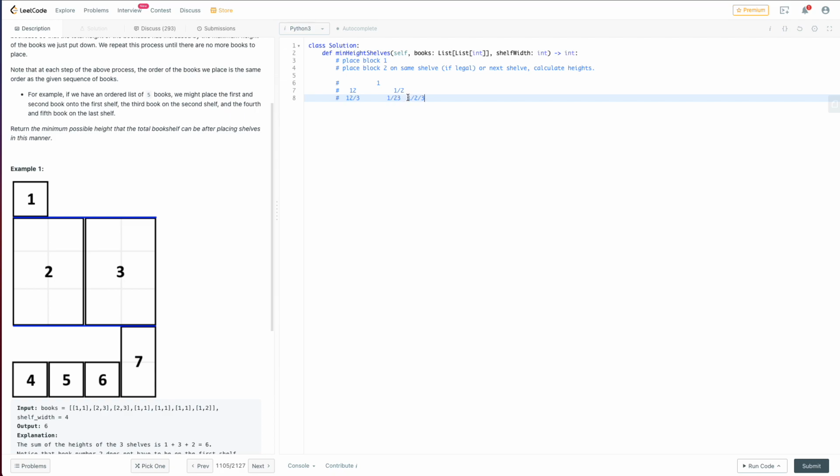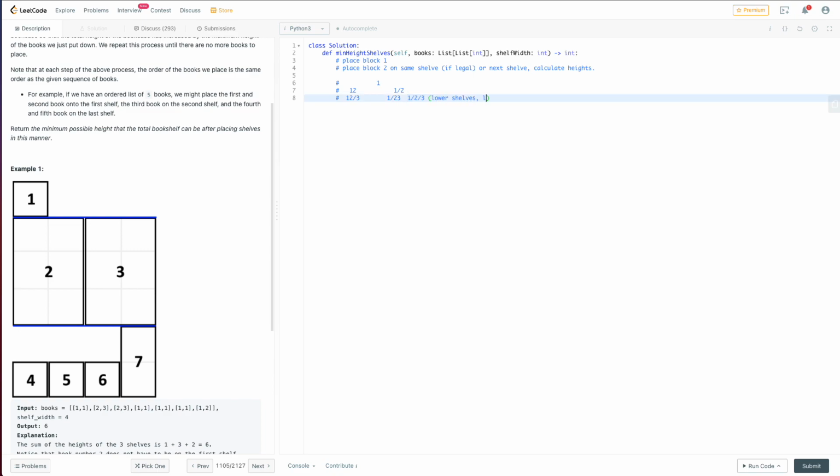So obviously, if I fit it in the same, if the number of shelves, which is 2, is less than this number of shelves, and I have a lower height, then I can eliminate this, right?